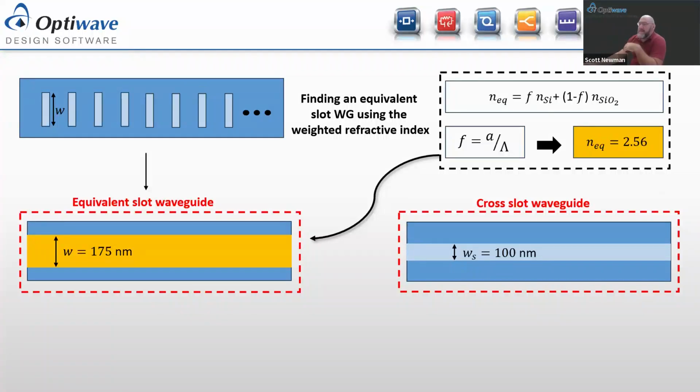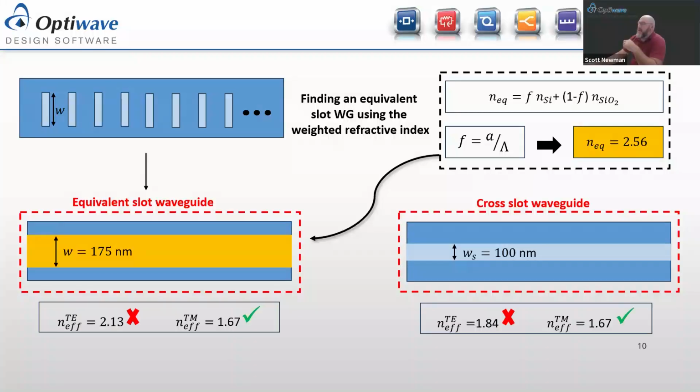And what we will see when we do the analysis of these two structures within OptiMode, we will see that the TE polarization has different effective indices in these two waveguides. It's 2.13 in the equivalent slot waveguide, while it is 1.84 in the cross slot waveguide, which is fine. We don't want the TE to couple between these two waveguides. We want it to pass through.